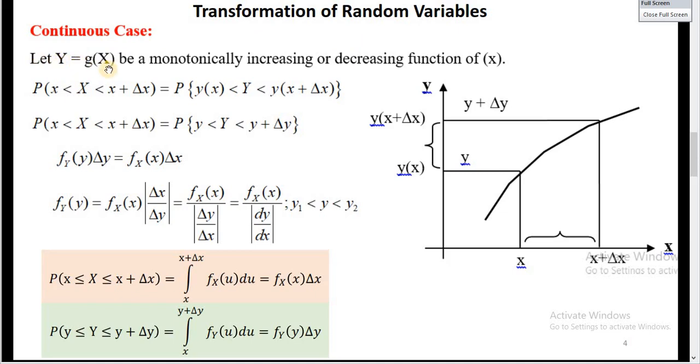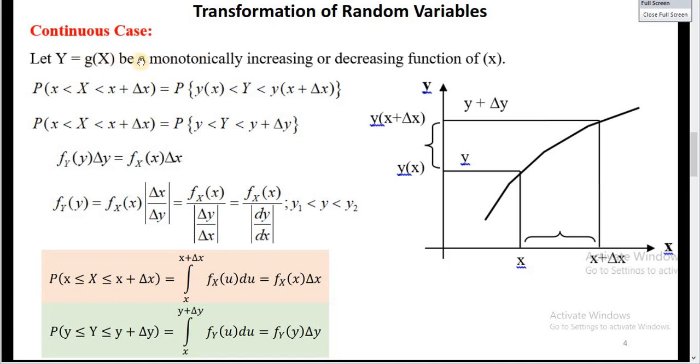Let y equal g of x be a monotonically increasing or decreasing function of x. What we mean by a monotonic function is a function which is strictly increasing or strictly decreasing, that is, a function for which the derivative is not zero. If the derivative is zero, this means that the function at some points will be constant.